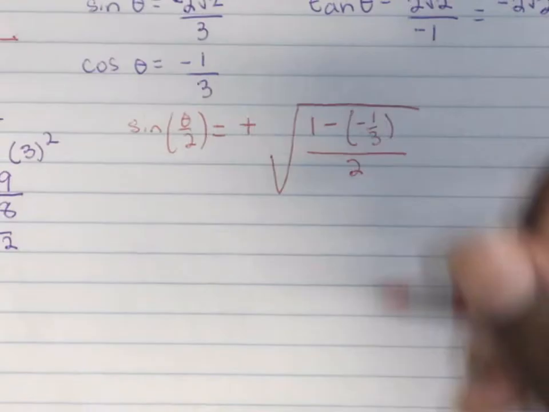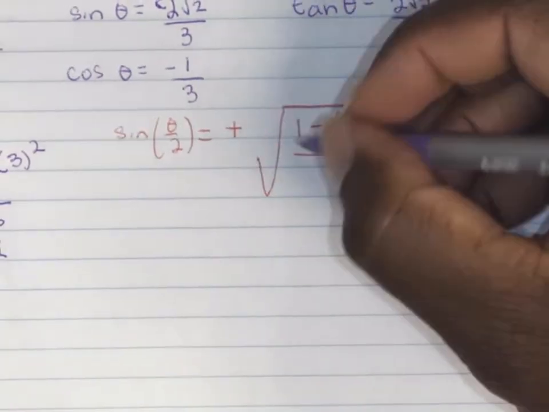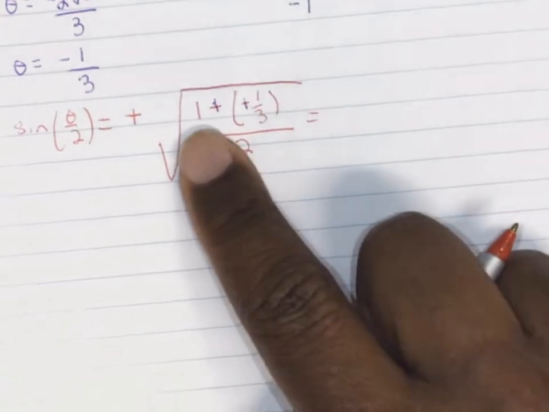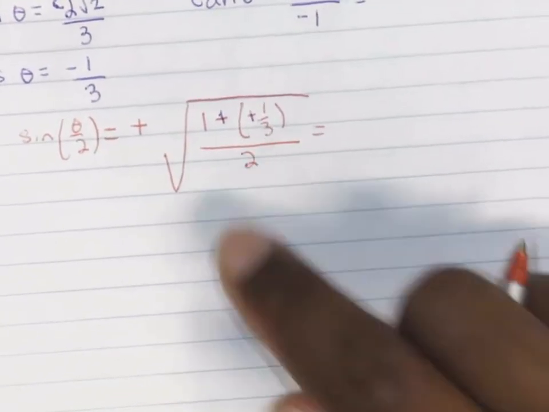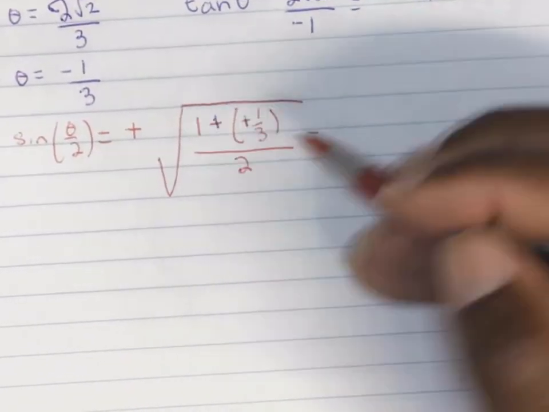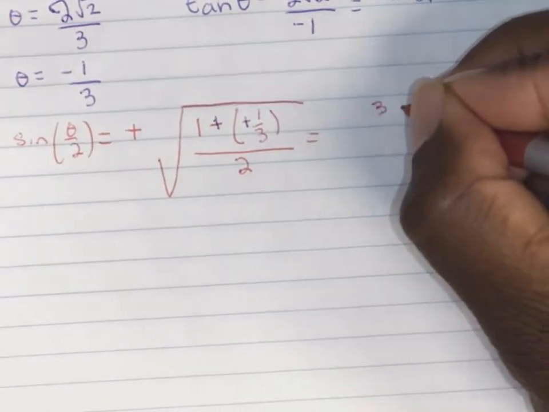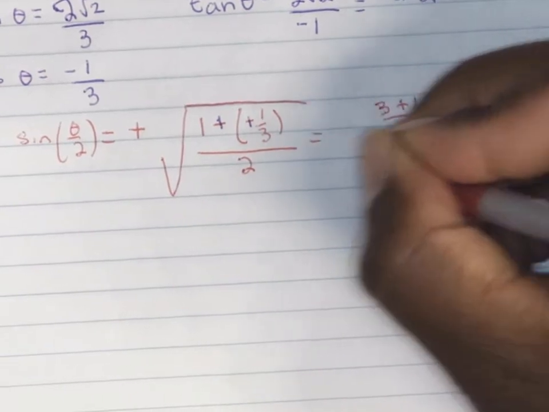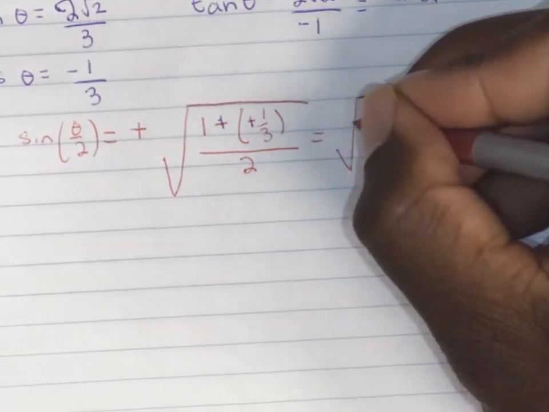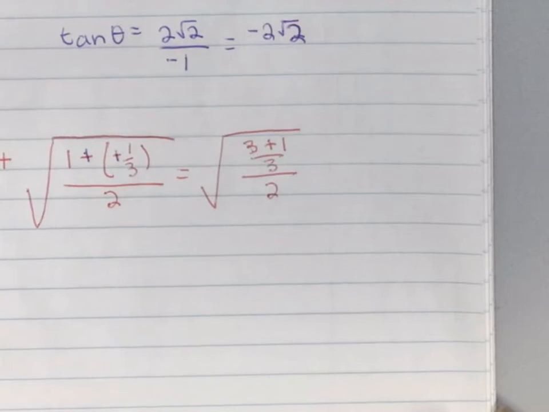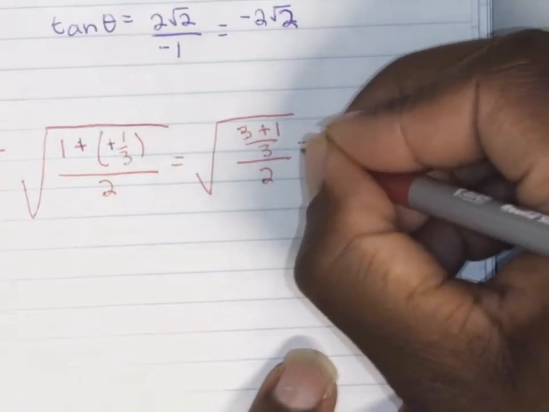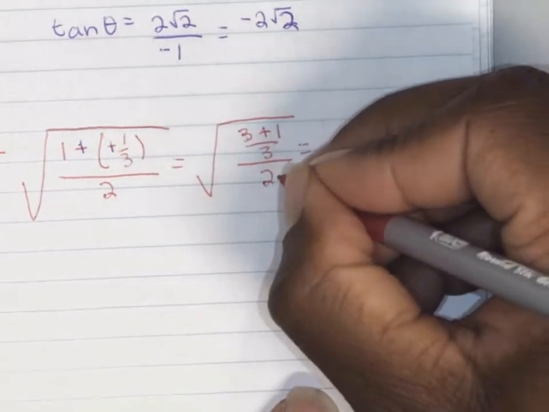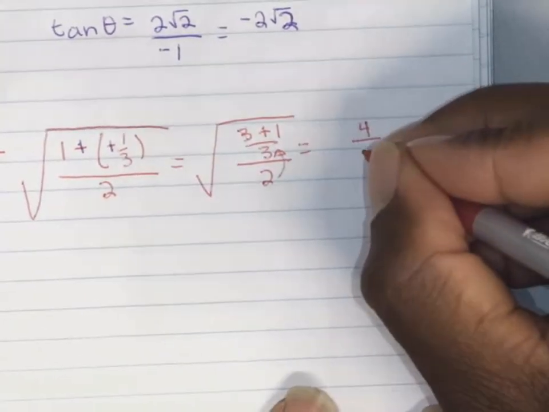All right, so subtracting the negative makes it positive. And then I'll go ahead and give 1 a denominator of 3. So what I'll get is 3 plus 1 over 3 divided by 2. 3 plus 1 is 4 over, and then I'll go ahead and do 2 times 3 with my denominator, so 4 over 6 in the radical.